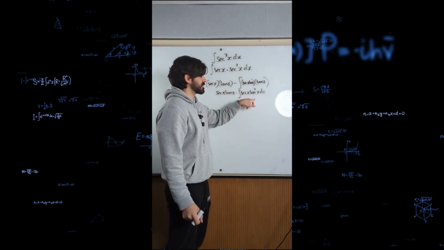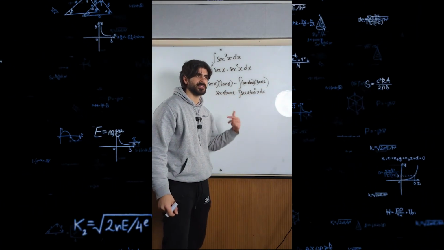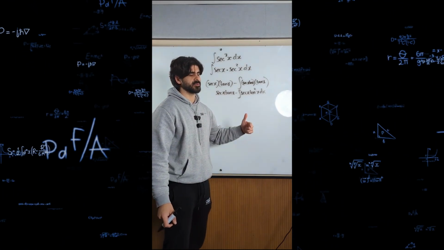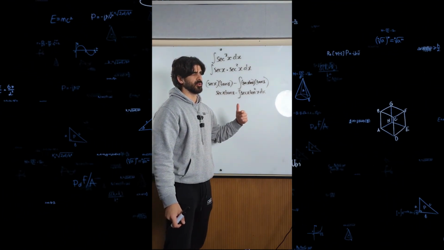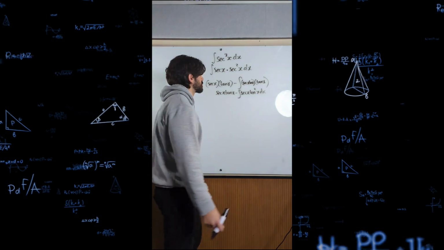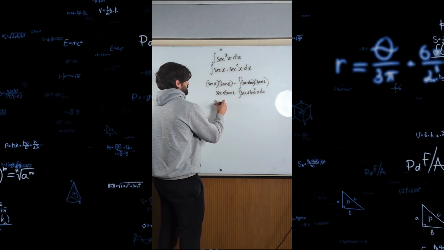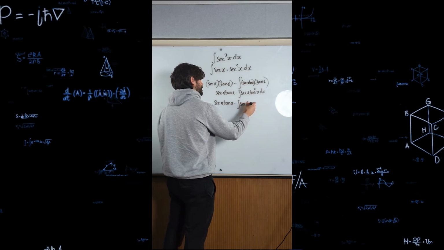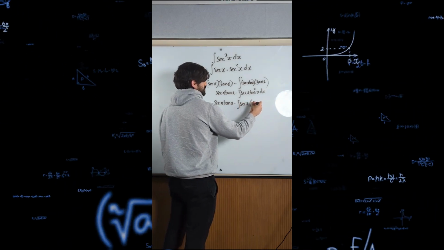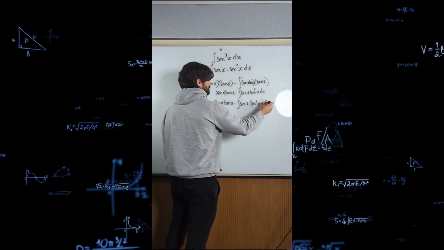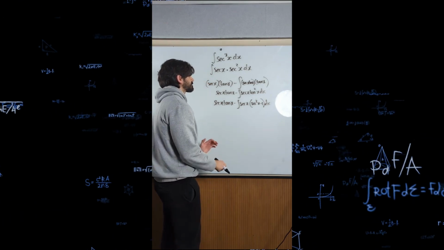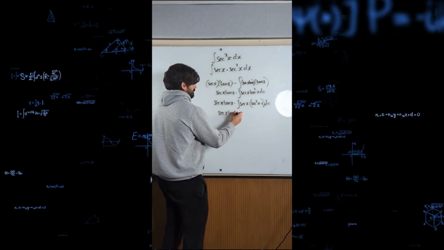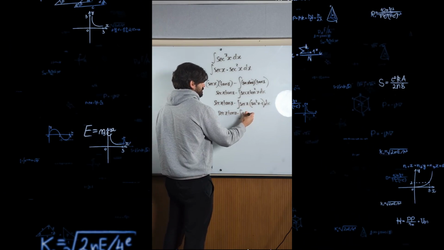The best thing to do is convert it all into the same function, sec. 1 plus tan squared is sec squared, so tan squared is sec squared minus 1. So I have sec tan minus the integral of sec times sec squared minus 1. If I expand that bracket, I get sec cubed.